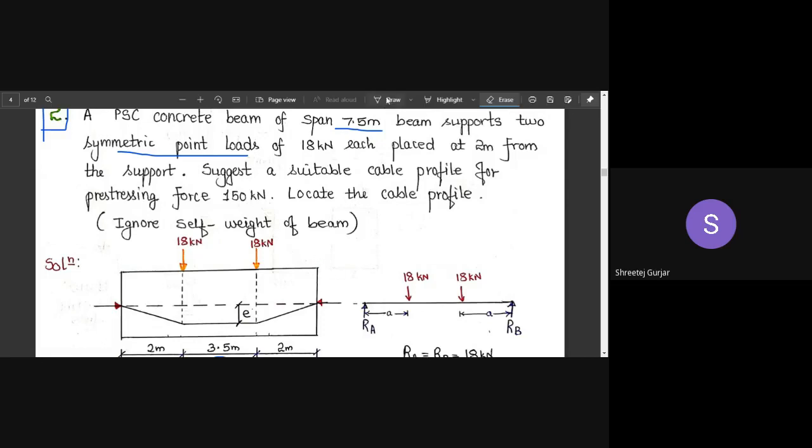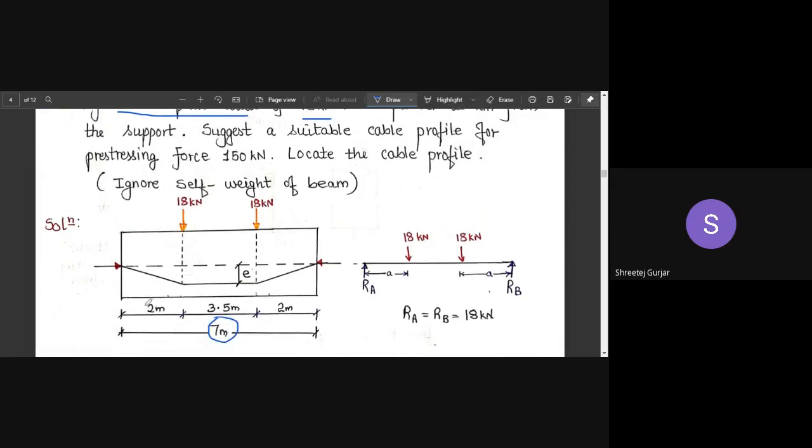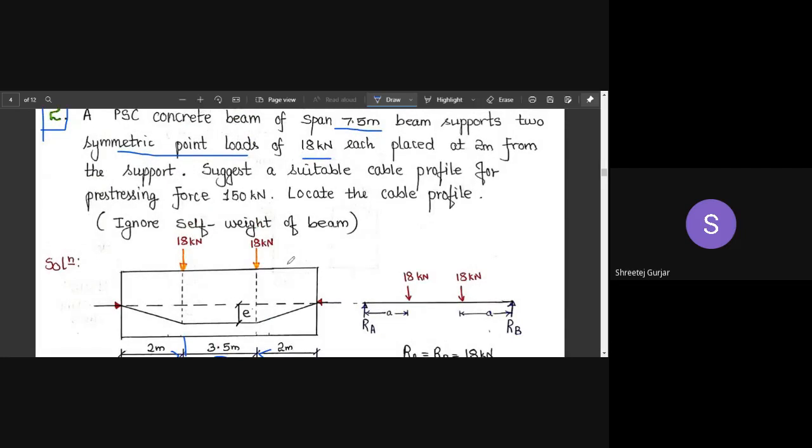The 18 kilonewton load is placed at 2 meters from the support, and from the other support it is also placed at 2 meters. They have asked us to suggest a suitable cable profile for a pre-stressing force of 150 kilonewton.